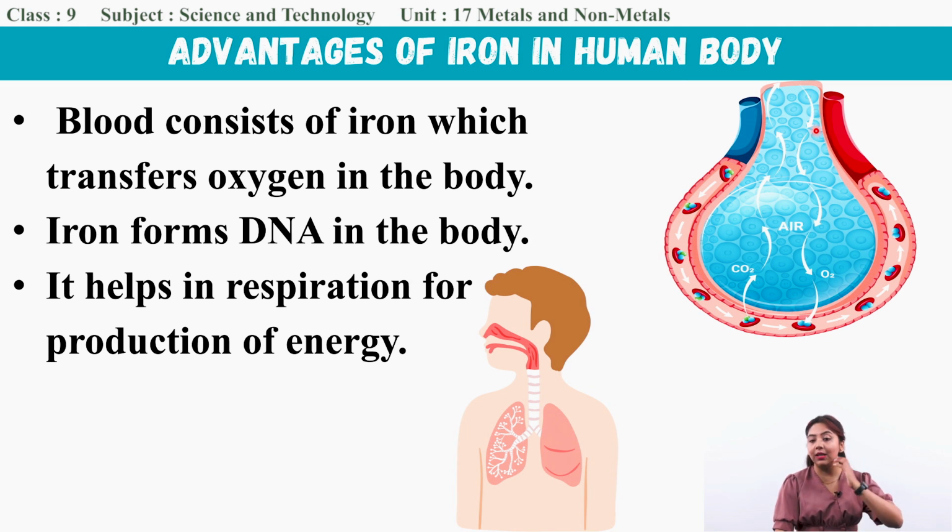When you take in air, the oxygen transfers from the alveoli to the blood vessels, and here you can see that the RBC contains hemoglobin, which is made up of iron. It helps in transport of oxygen so that the oxygen can be transported to the tissues that contain glucose.